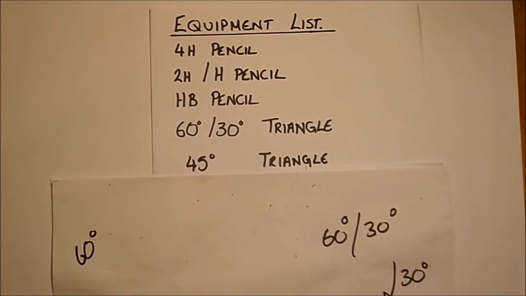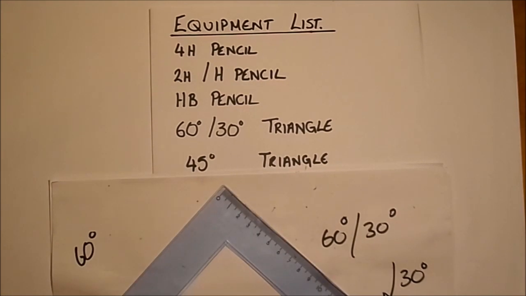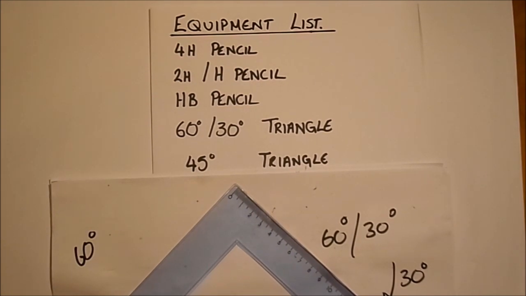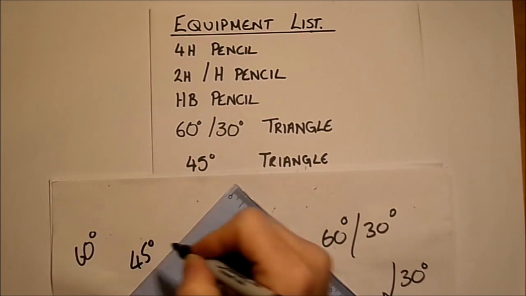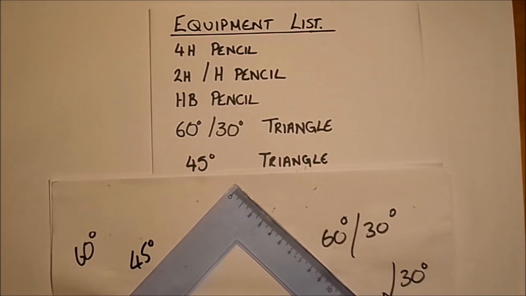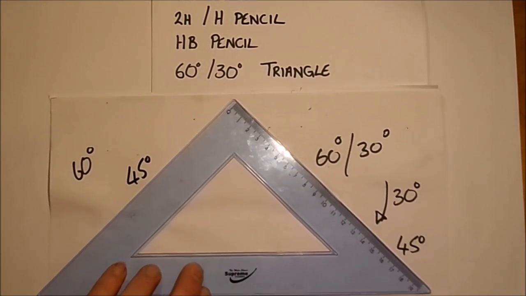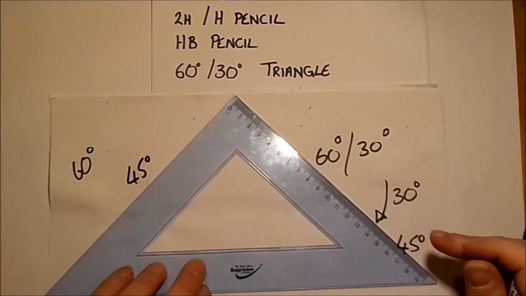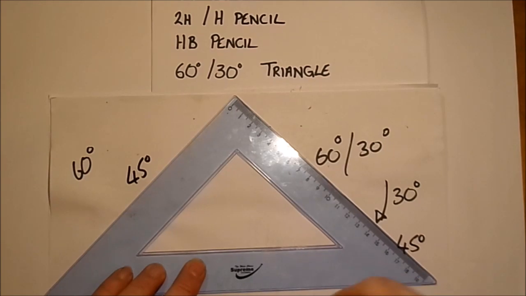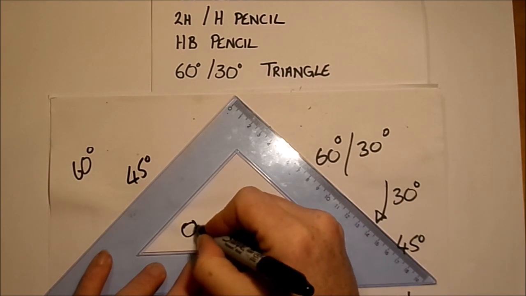The next one is your 45 degrees. That's a 45 degree triangle, right? Because this is 45 degrees and that is 45 degrees. You do not need to use this for isometric, right? No, don't use it, okay?